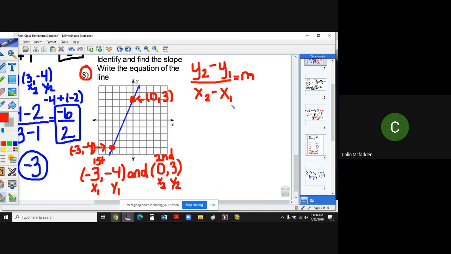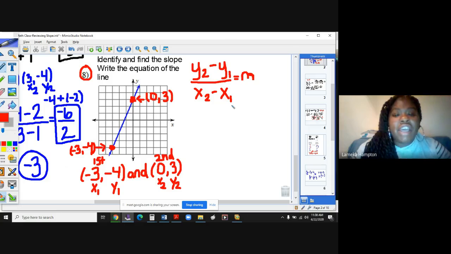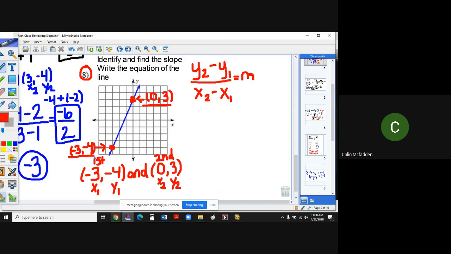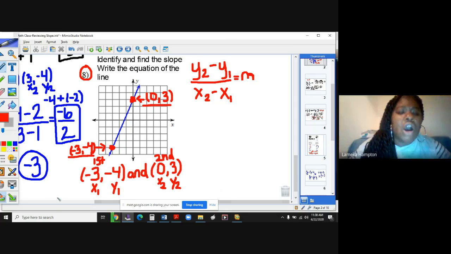As far as which coordinate did you use first? The 3, -4 first. Oh, okay. Just wanted to be sure, because sometimes, like I said yesterday, some people could use this one first and that one second. It really doesn't make a difference.